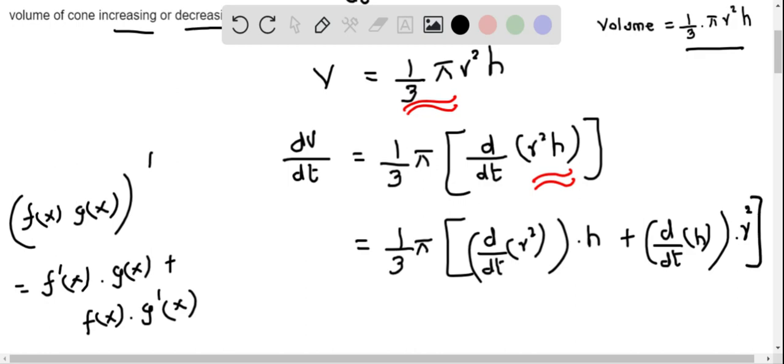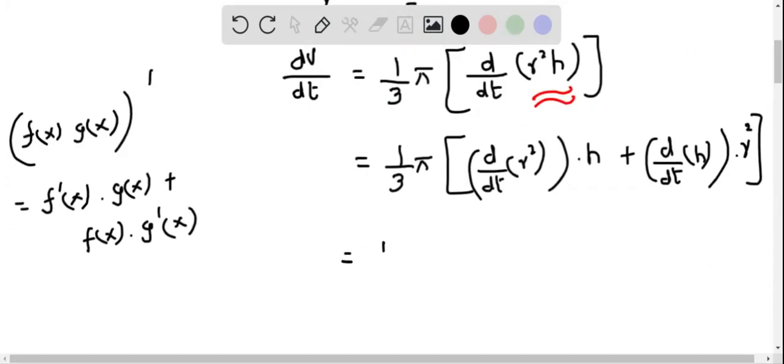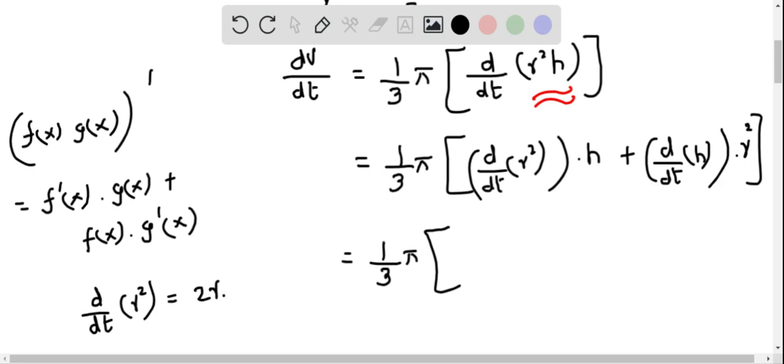So I multiply with h, then I find the derivative of h and multiply with the r squared term as it is. This will be 1/3 pi, and in the square bracket, the derivative of r squared, we can apply the power rule as well as the chain rule. When we apply the power rule, we write this as 2r, because we have the power as 2. This 2 comes in front and we raise r to the power of 2 minus 1, which is 1. Then applying the chain rule, we have to differentiate r with respect to time, which gives us dr over dt.